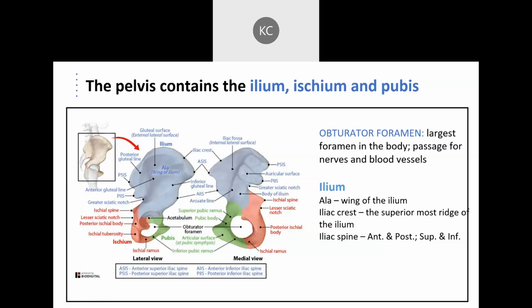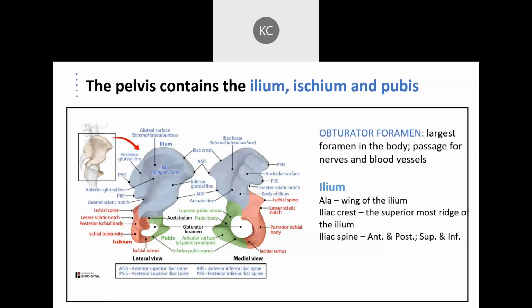And then you have what are called iliac spines. And a spine is just a projection of a bone, all right? So in this case, for the ilium, you have anterior and posterior, and you also have superior and inferior. So you have an anterior superior iliac spine, an anterior inferior iliac spine, posterior superior iliac spine, and a posterior inferior iliac spine.